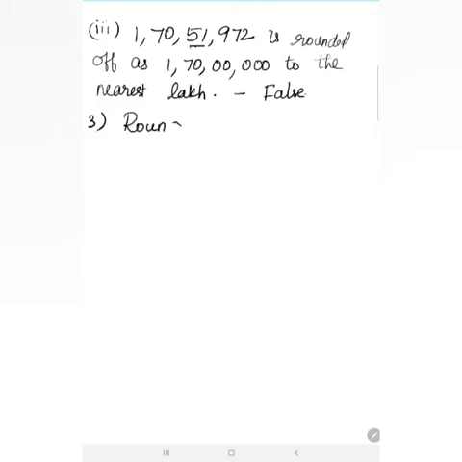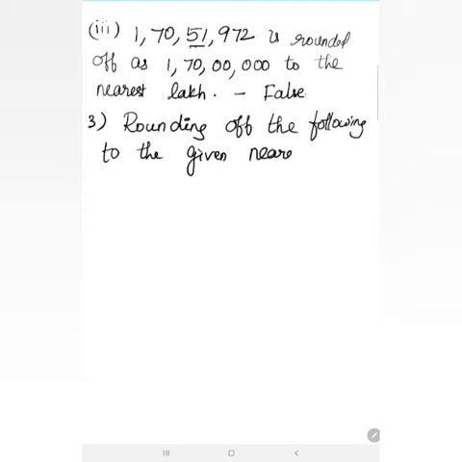Rounding off the following to the given nearest place.